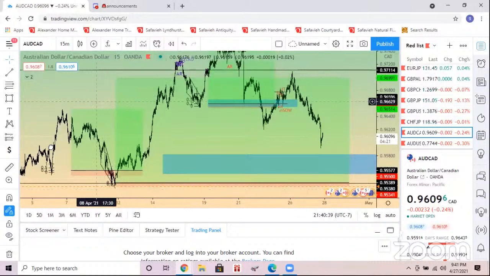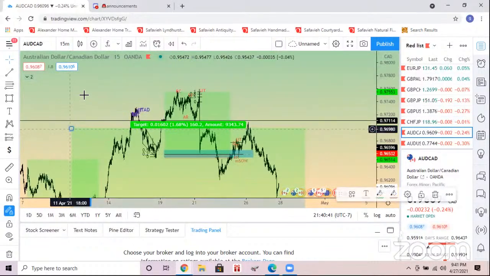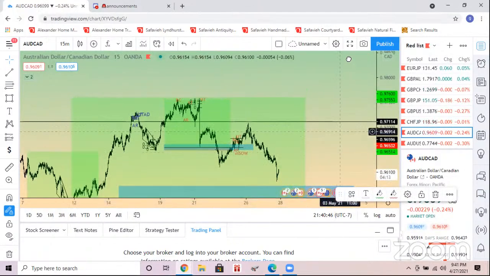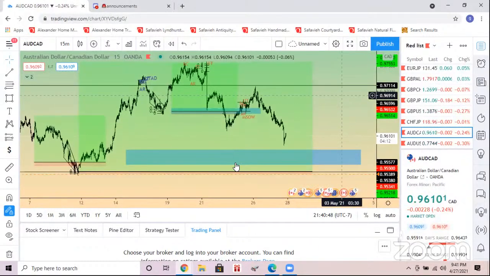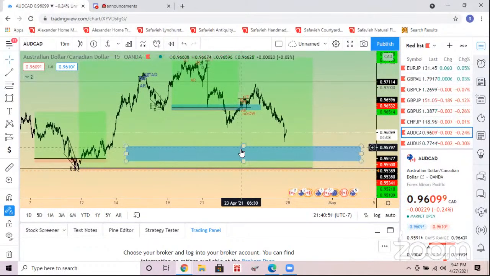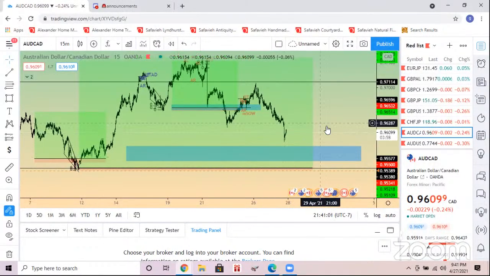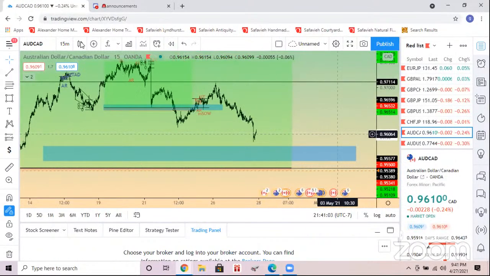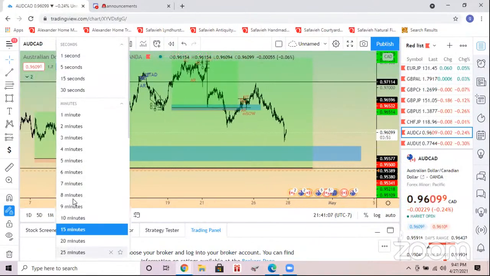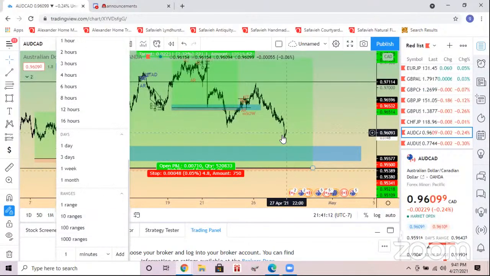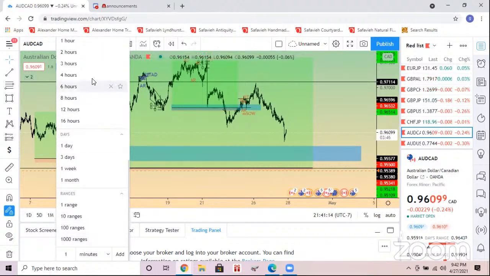And just to break structure, I'm trying to take this at least 46 to 1, but obviously I'm gonna look at internal structure for going risk free and stuff like that. But yeah, that's the limit I'll be setting on USD CAD, unless it continues to drop like that, then maybe I'll hold off.